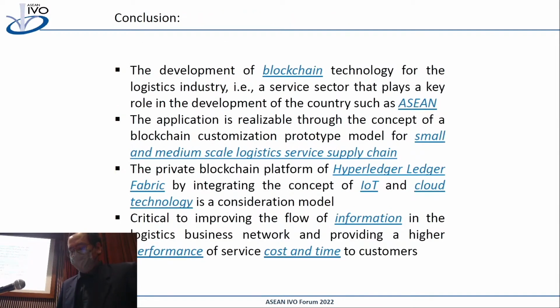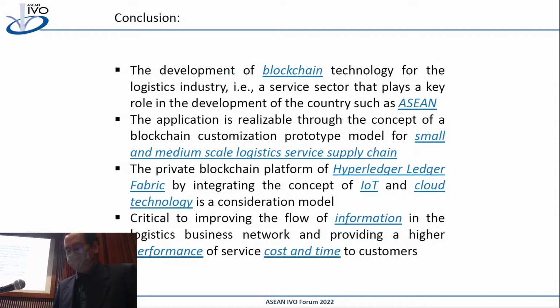In conclusion, the project has examined the development of blockchain technology for the logistics industry, a user service sector that plays a key role in the development of countries such as ASEAN. The application of blockchain technology is realized through the concept of a blockchain customization prototype model for small and business scale logistics service supply chain.